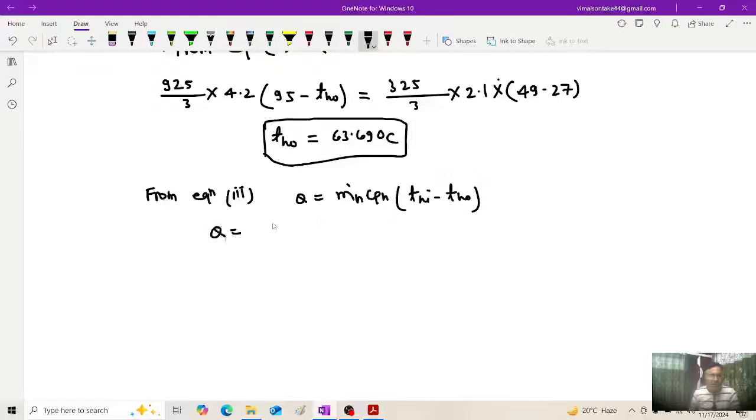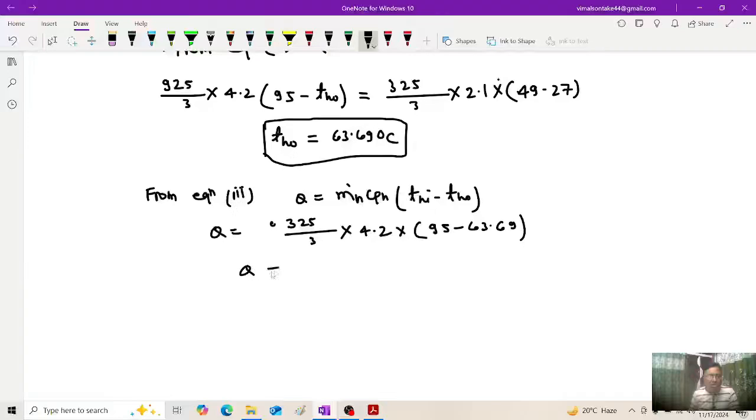M dot H in kg per second is 325 by 3. CPH, that is the specific heat of hot water, is 4.2. THI is 95 degrees Celsius and THO is 63.69 degrees Celsius.